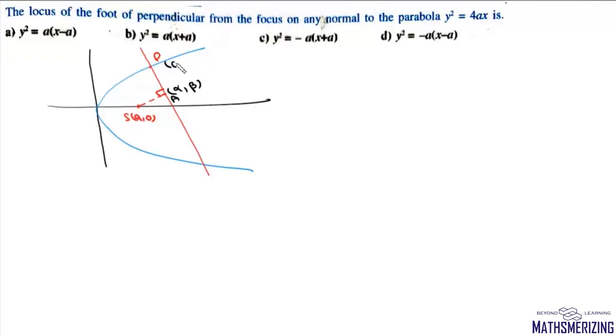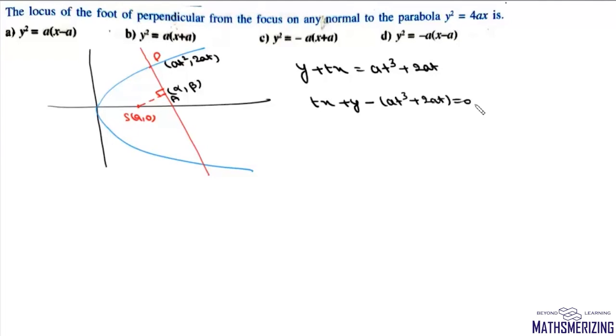Let this point be at square, 2at. So we can write the equation of normal as y plus tx equals at cube plus 2at. Now we can write this equation as tx plus y minus at cube plus 2at equals 0.